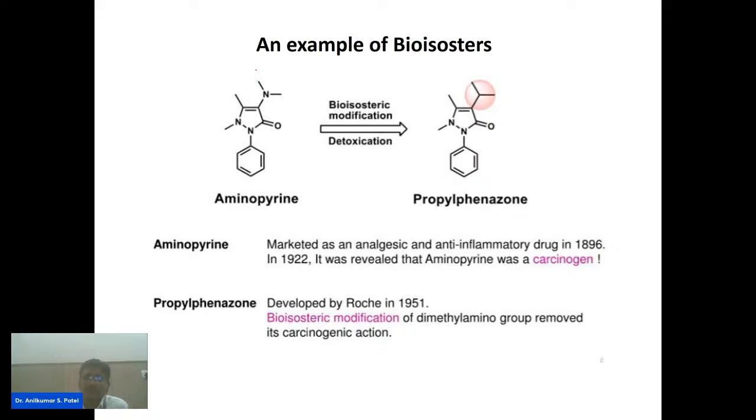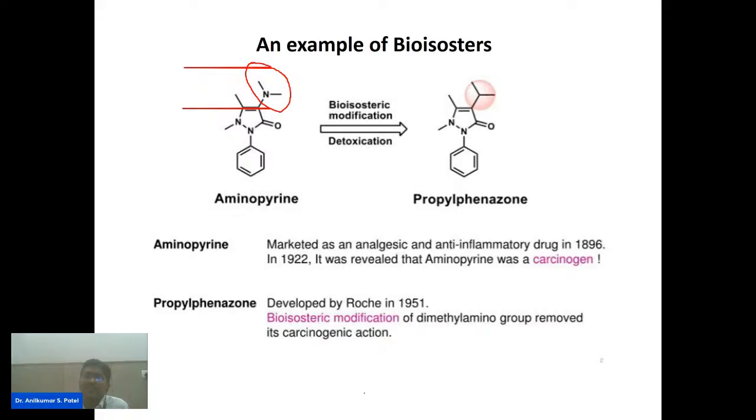So the Roche group in 1951 modified this N,N-dimethyl group to the isopropyl group.